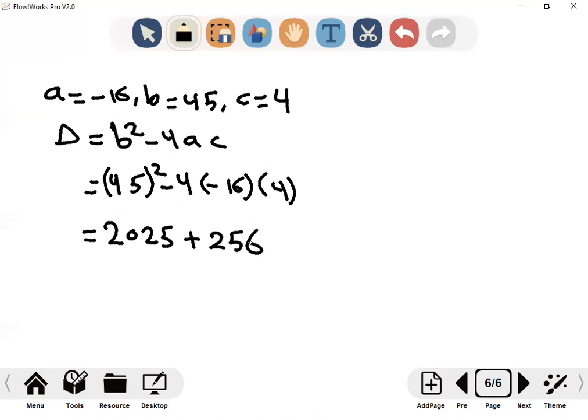This is equal to 2281. This is positive, which means you have two real solutions, right? Let's find them.